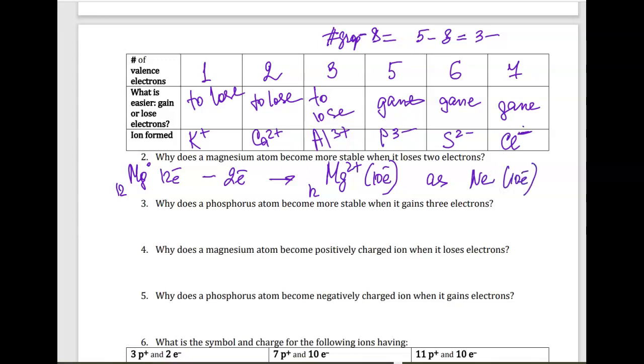So by losing electrons, it becomes more stable with electron configuration like neon has. Why does the phosphorus atom become more stable when it gains 3 electrons? Because when it gains 3 electrons, it becomes more stable. It has 15, when it gains 3, it will have 18 electrons like argon.